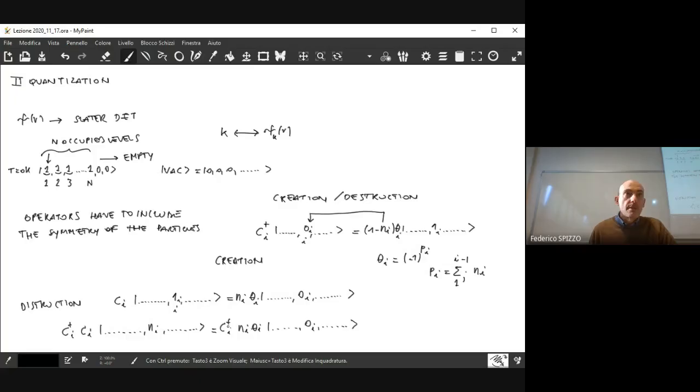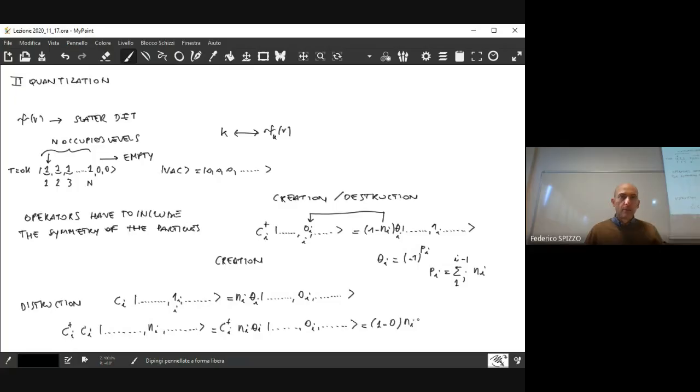When you apply C cross I, at this point, we have that C cross I gives us 1 minus, please keep in mind that now I just write the value of Ni because now I know that the occupancy of the level is 0 because I have just applied the destruction operator. So here I have 1 minus 0.